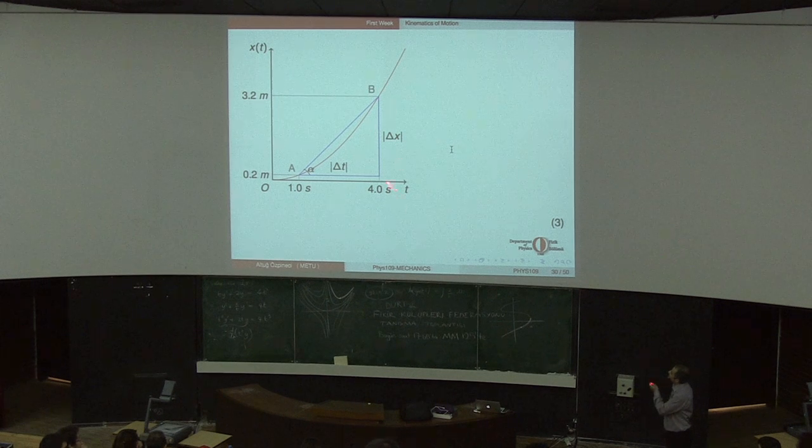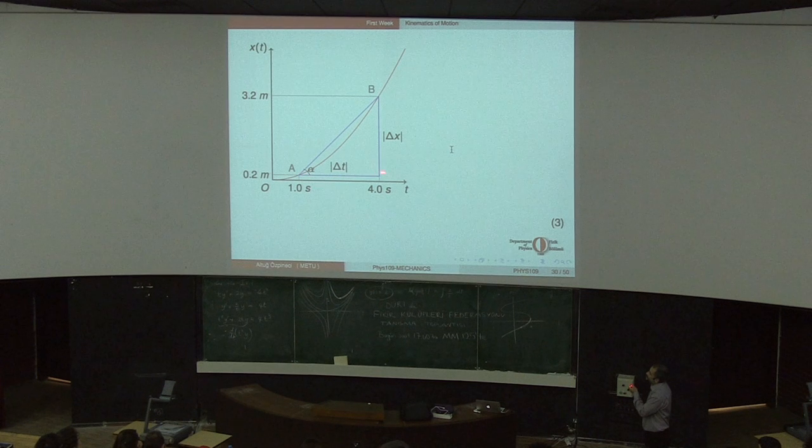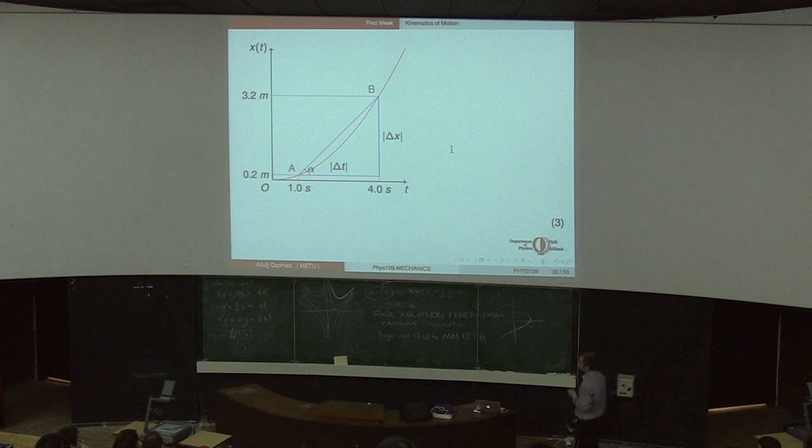So this length determines the absolute value of delta x. In this case, delta x itself is positive, so the absolute value of delta x will be equal to delta x. So delta x is just this length. Delta t is this length over here. It is 3 seconds, and delta x is 3 meters.